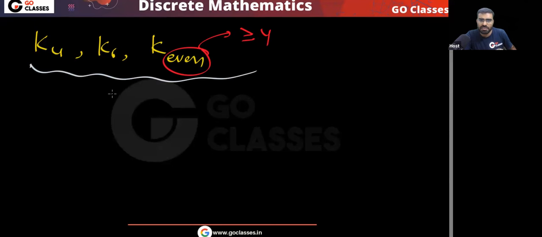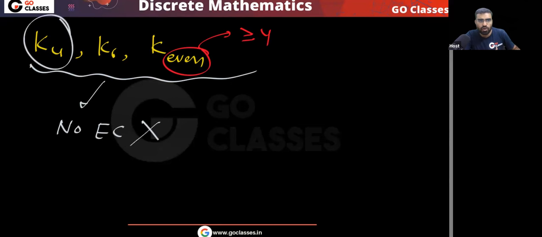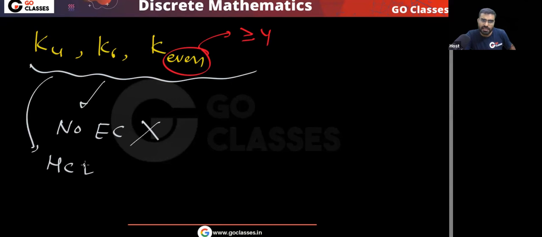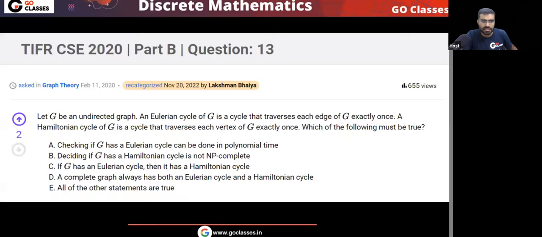In all these graphs, what will happen? There is no Euler circuit, because every vertex has odd degree. So there is no Euler circuit, but there is a Hamiltonian cycle.